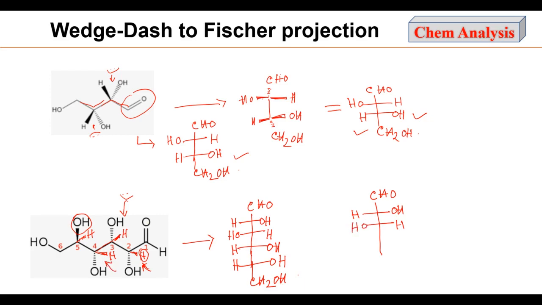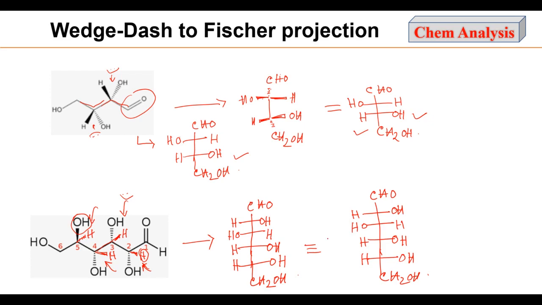Similarly, in this case we have to view in this way, and the hydrogen atom will be on the left side, OH group on the right side. For this center we have to view from the top side, and the OH group will be on the right side, hydrogen will be on the left side. So we can see that we are getting the same identical structure.